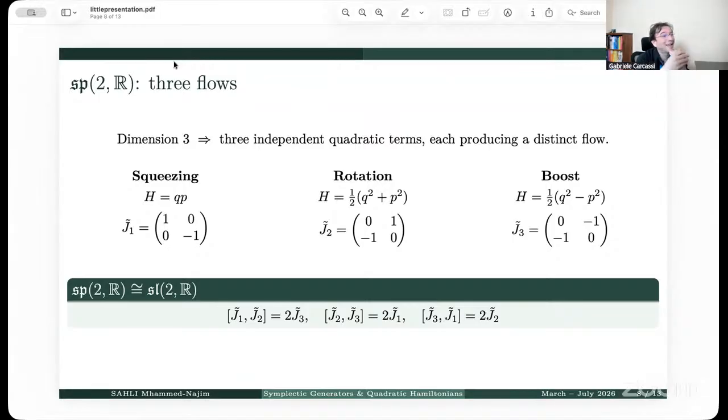So that's why I really want to understand the symplectic group, and that's why I discuss this with Najim a lot. I don't understand why when you do special relativity or quantum field theory, you talk about the Lorentz group and the Poincaré group, and you have all these details about them, and you find the generators. And in most books of Hamiltonian mechanics, you don't discuss the Lie algebra, you don't discuss these things.